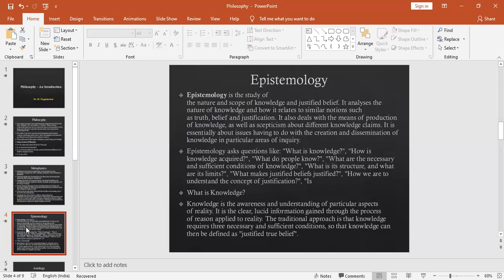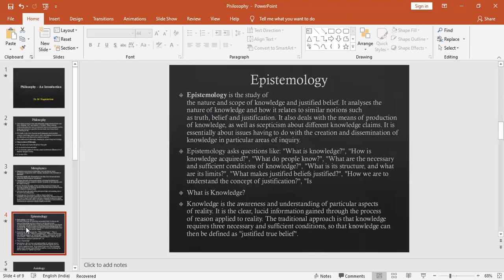It analyzes the nature of knowledge, right? Something which is already informed or instructed or propounded to the world, to study that knowledge.